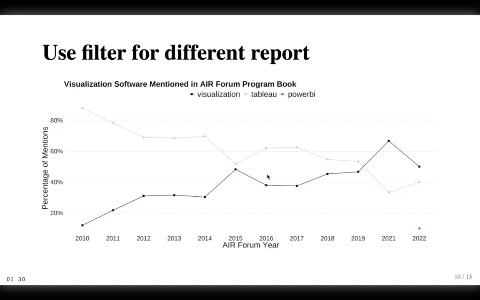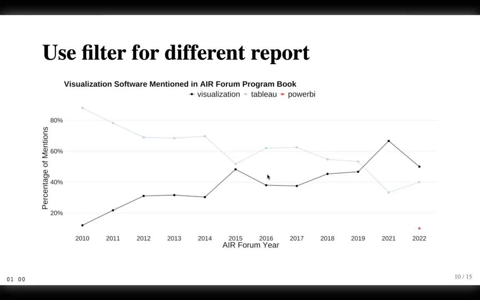This is a visualization easily reproduced based on the same code with a different group of words about visualization. Last time was about data analytics tools. As you can see in this graph, visualization has been increasingly talked about in AIR Forum, as shown in the black line. Tableau is very popular too, while Power BI has not been talked about much.